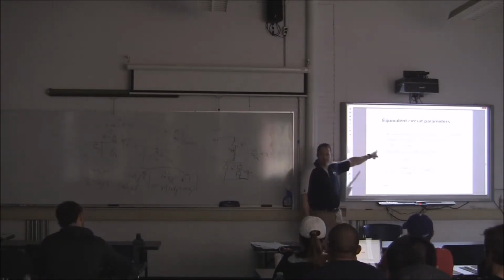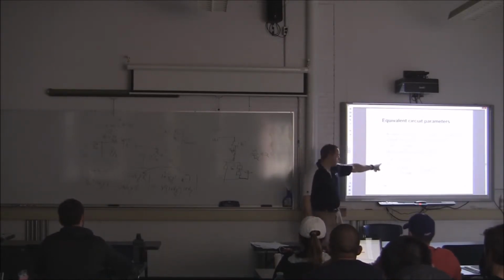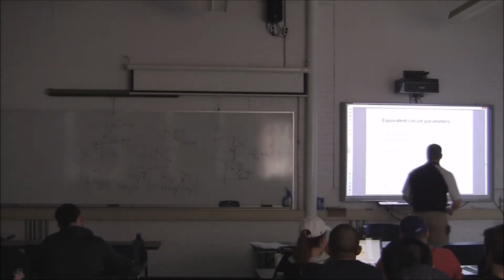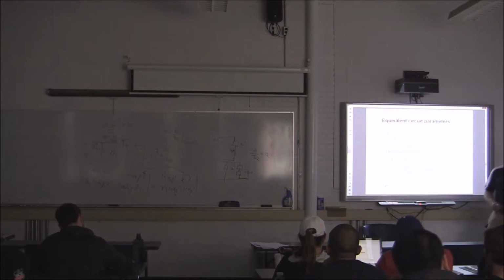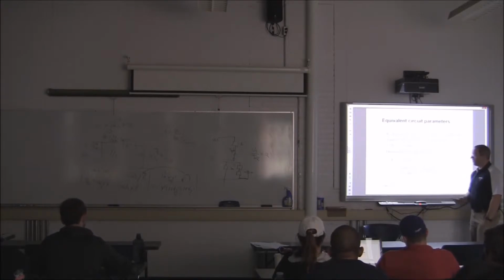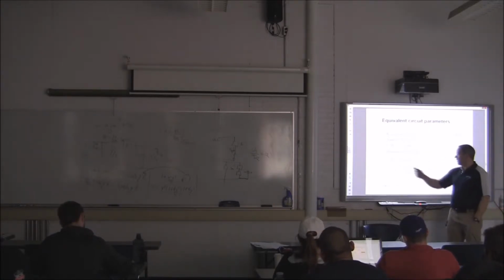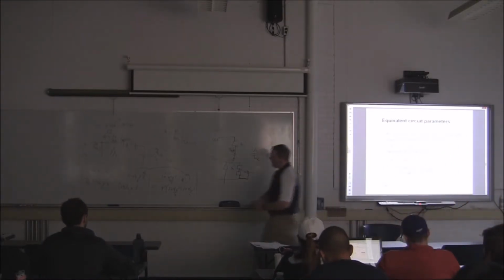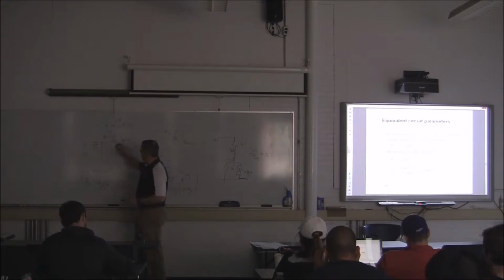Okay? Everybody see that? To solve for Y prime, we have a little more work to do. We know that A is hyperbolic cosine of gamma L, which is equal to 1 plus Z prime Y prime over 2. We're going to solve for Y prime over 2. Not Y prime, but Y prime over 2, because our model actually has Y prime over 2, right?